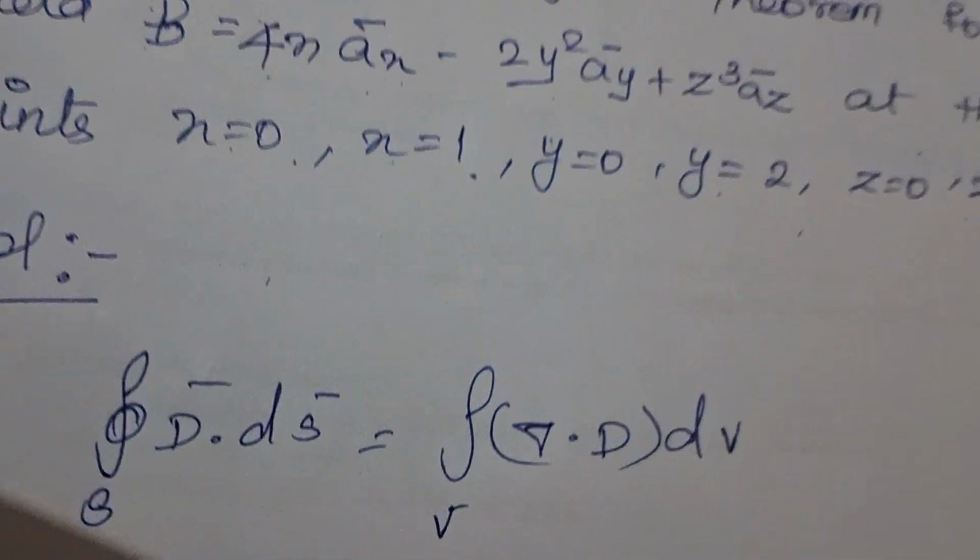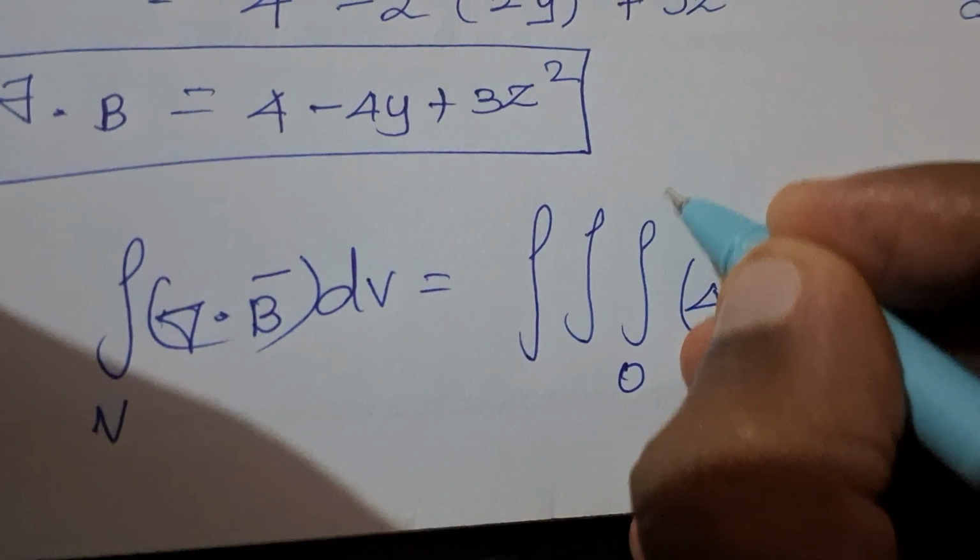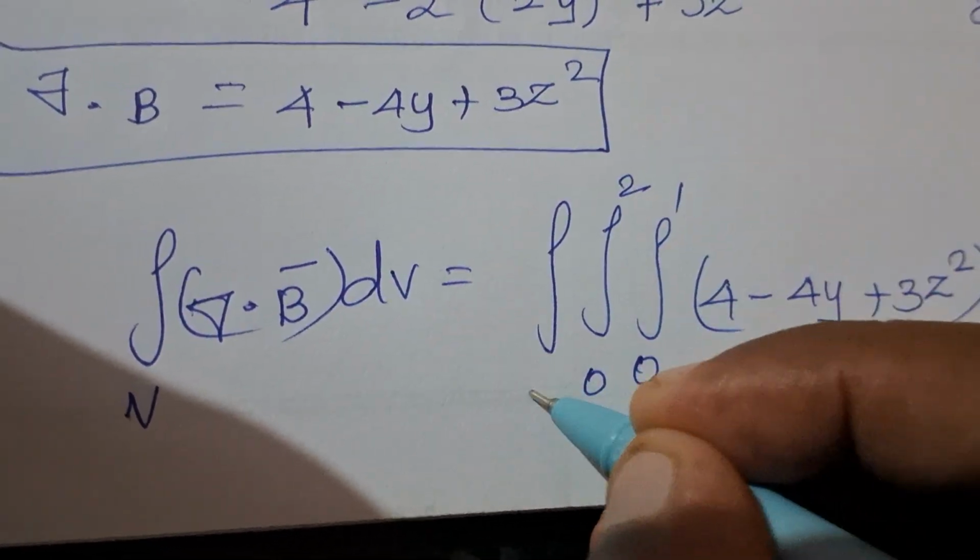So what are the limits of x, y, z? 0 to 1, 0 to 2, 0 to 4.